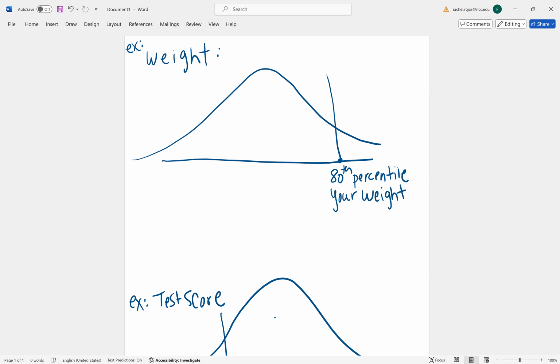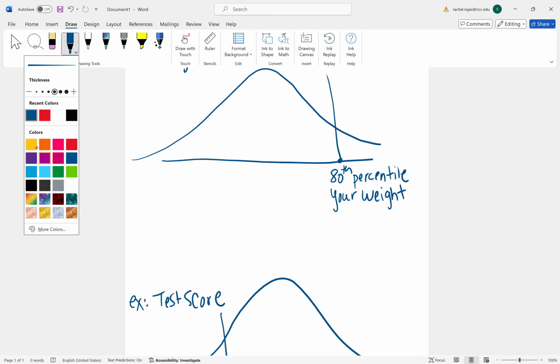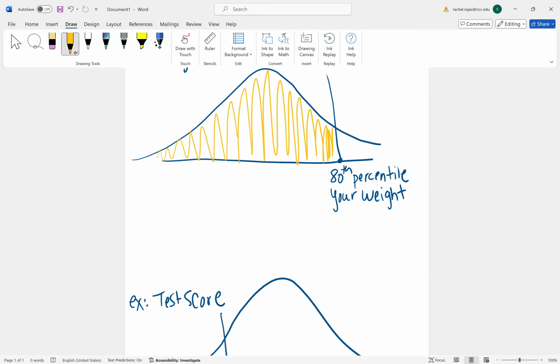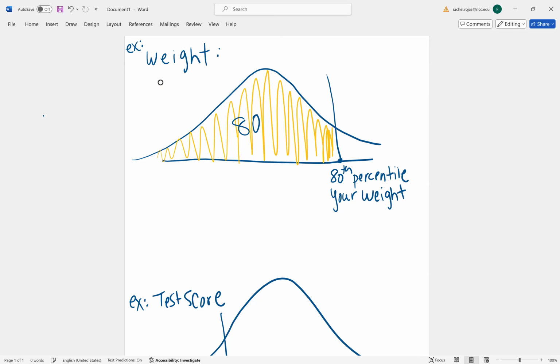So think of this as cutting off the first 80% of the distribution. So let me just use a lighter color here. So let's shade in the area, or all the weights to the left of your weight, and that represents 80% of the weights.